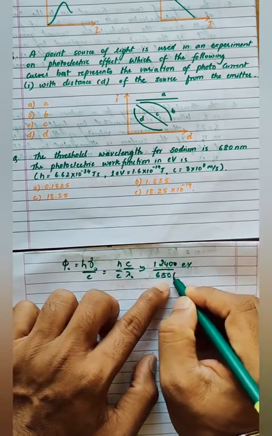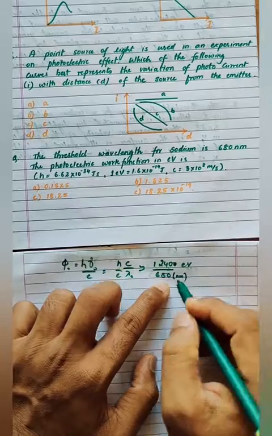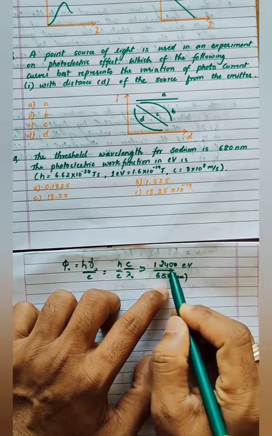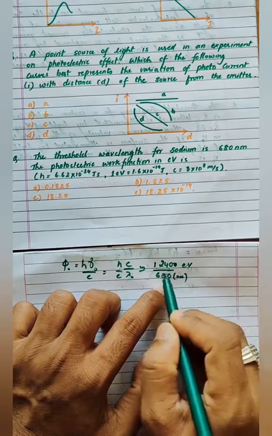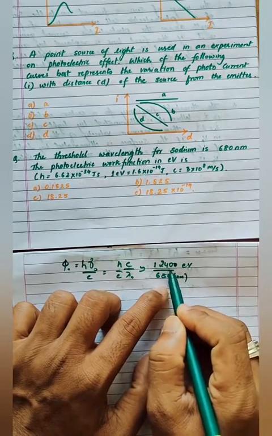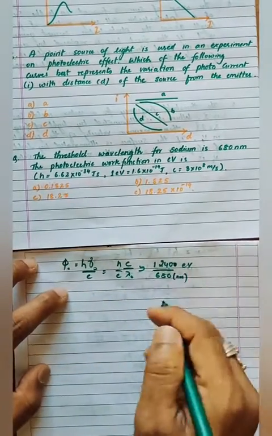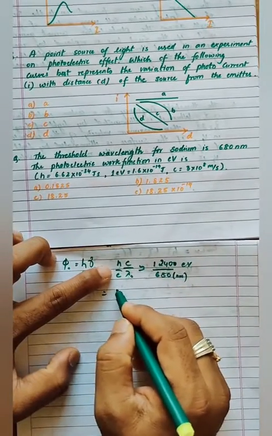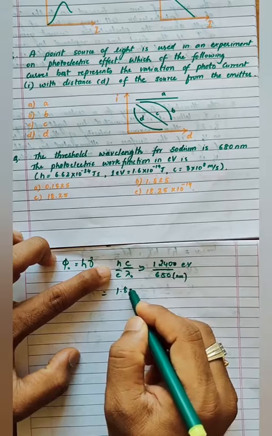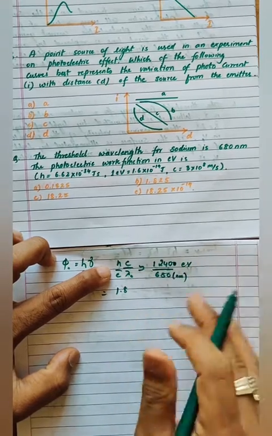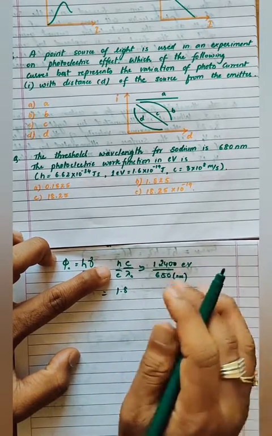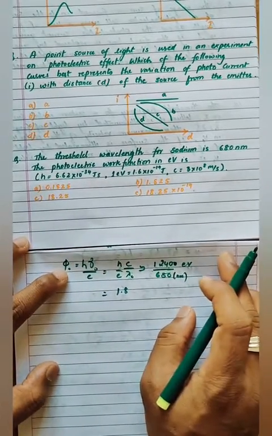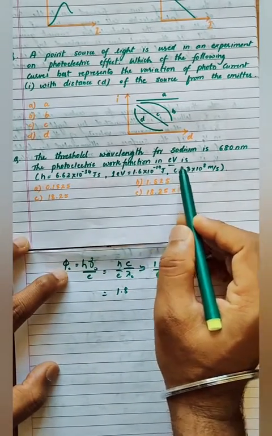Only if lambda is in angstrom, then you can take 12,400, but here it is nanometer, so it is 1240. Okay, so if you calculate this, approximately you may get 1.8 something. You don't get any power of 10, because finally you are going to keep it in terms of electron volt, as they have asked in electron volts.